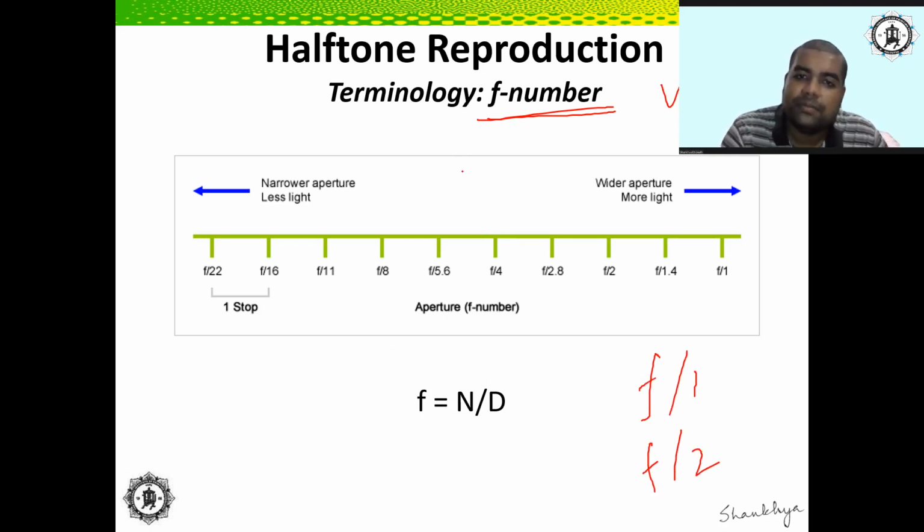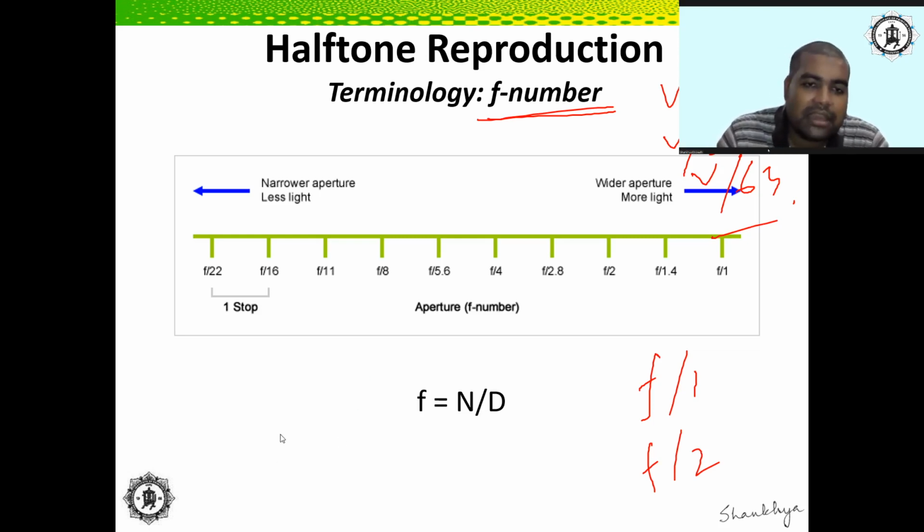Similarly, V ratio can be written like this. This is just the nomenclature and the methodology of writing all this, V ratio, F number, and all this. That is not really a big deal. But let us now understand what this F number is all about.